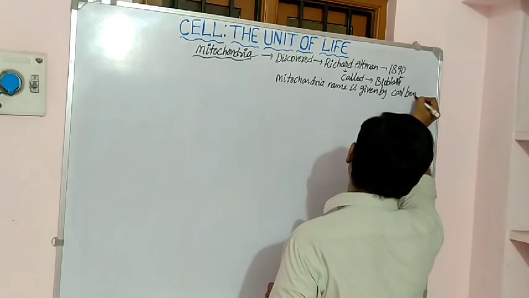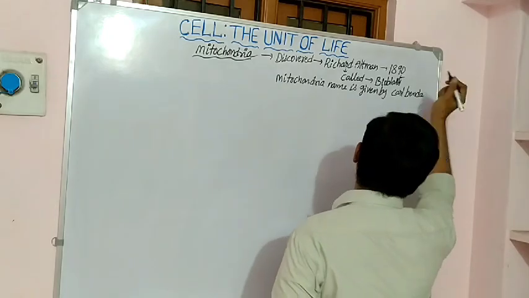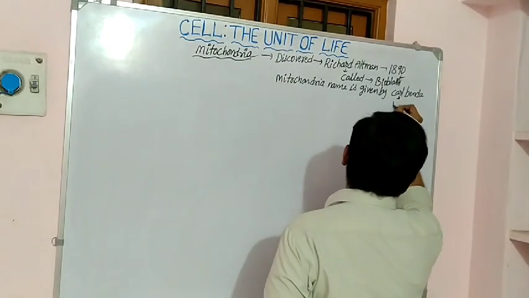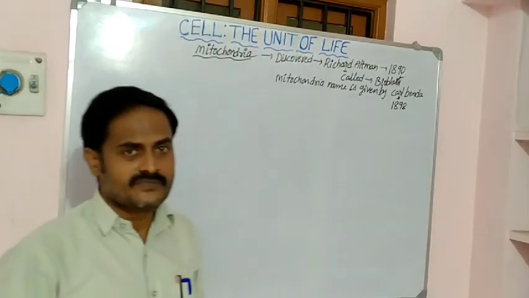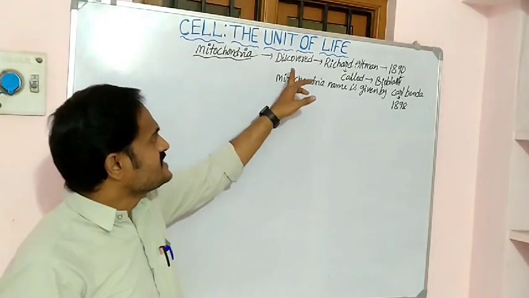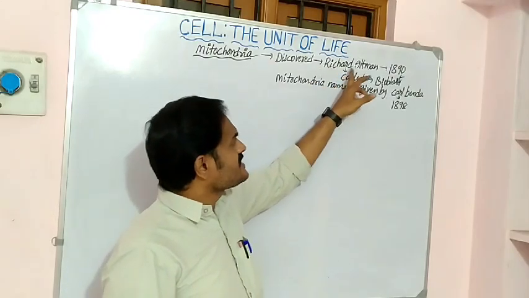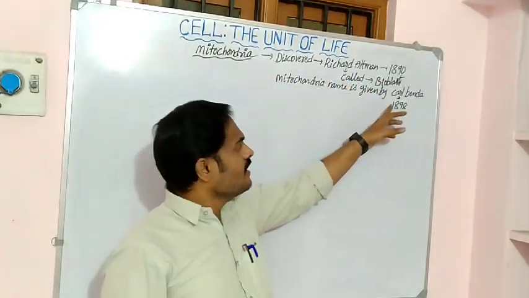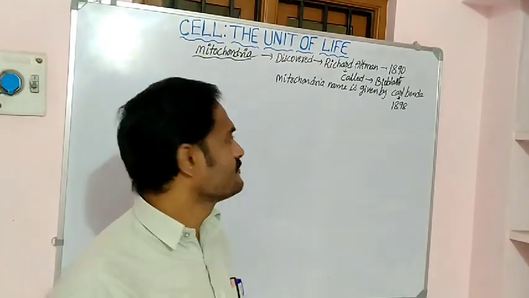The scientist's name was Carl Benda, in the year 1898. Okay? So, the discovery of mitochondria was by Richard Altman, and this name was given by Carl Benda.